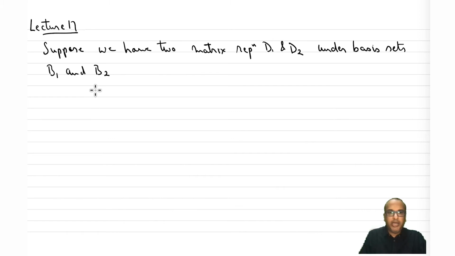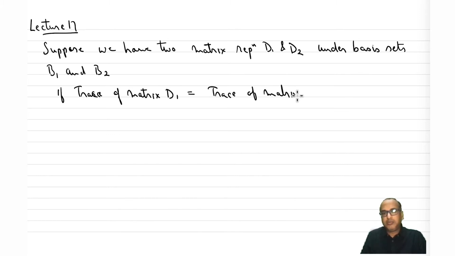Also, if the trace of the matrix D1 is equal to the trace of the matrix D2, we call the representations D1 and D2 as equivalent.